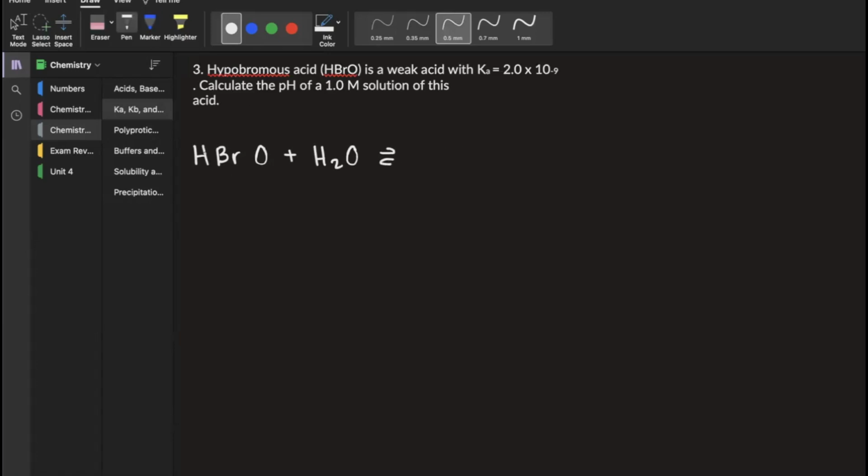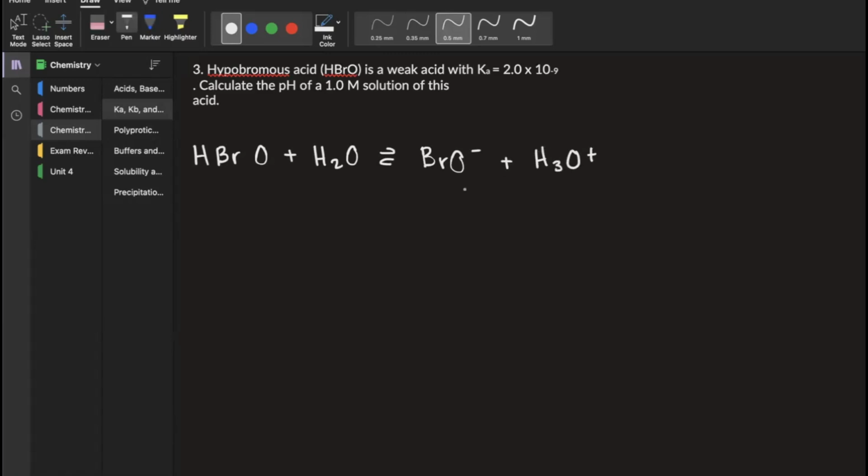HBrO is working as an acid because it asks for Ka, meaning it's going to lose a proton, leaving us with BrO minus plus H3O plus.